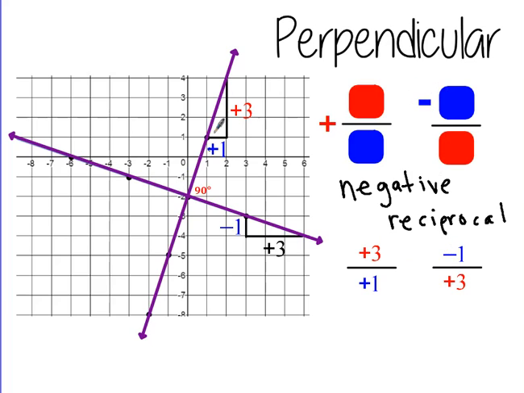For example, in these purple lines, one line goes up 3 and over 1, and the other line goes down 1 and over 3. You see how the denominator matches this numerator, the denominator matches this numerator, and one fraction would be positive and one would be negative. They're called negative reciprocals, and that means that my lines are perpendicular, 90 degrees.